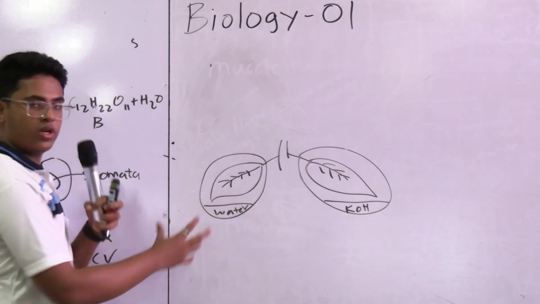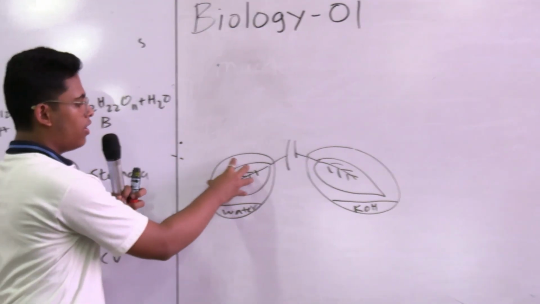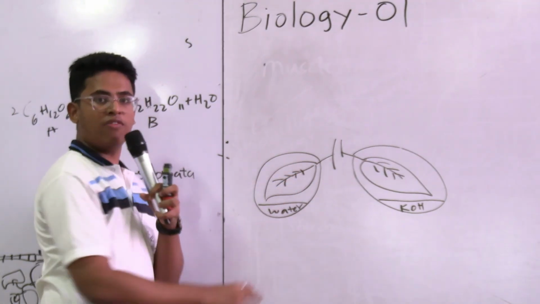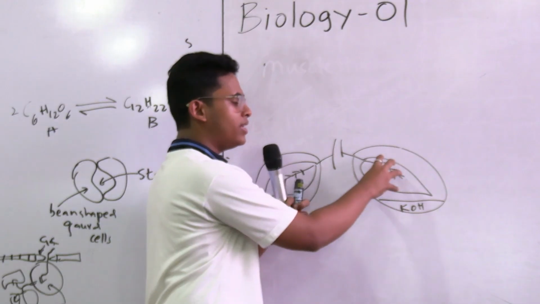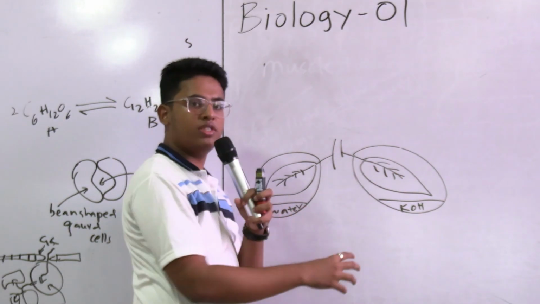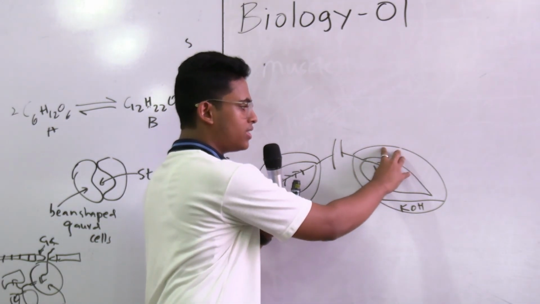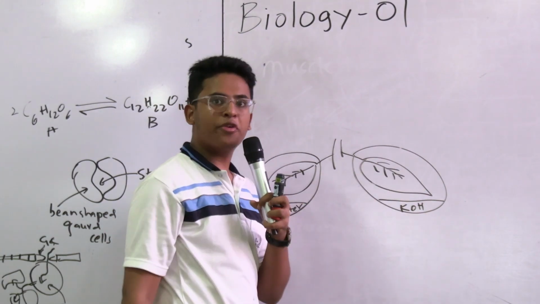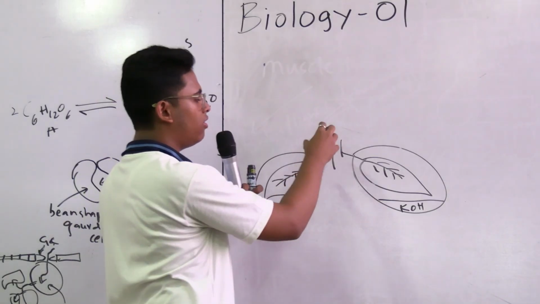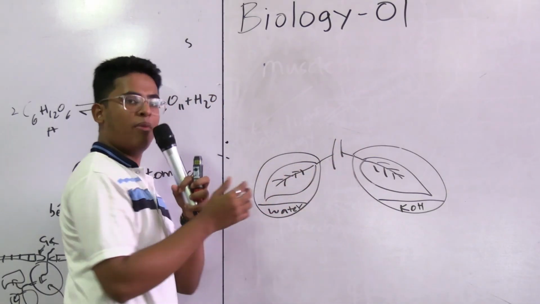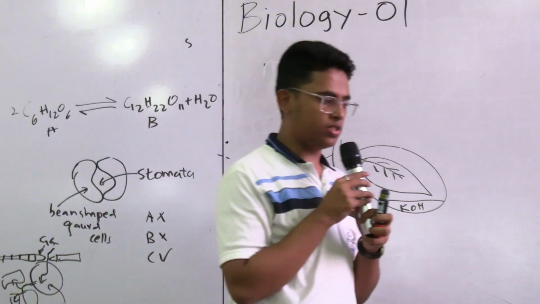But water can't do anything like that. So this leaf will have sufficient carbon dioxide, right? So that means one main factor needed for photosynthesis is carbon dioxide. This leaf lacks it, so it cannot carry out photosynthesis. But this leaf can. So from the practical, it will be clear that carbon dioxide is a necessary factor for photosynthesis.